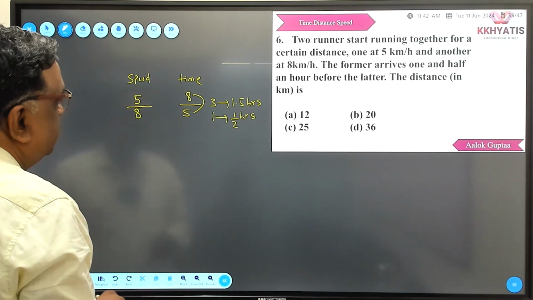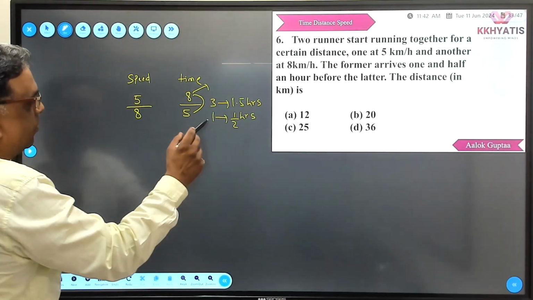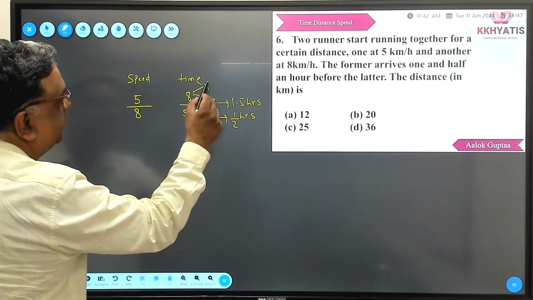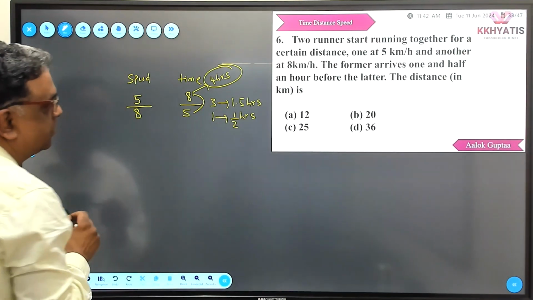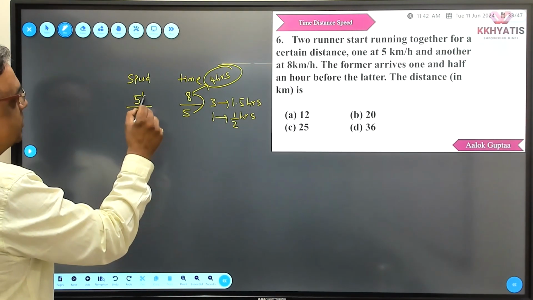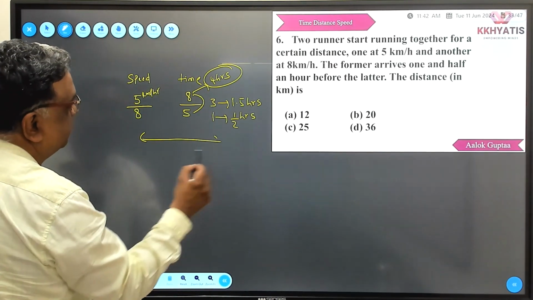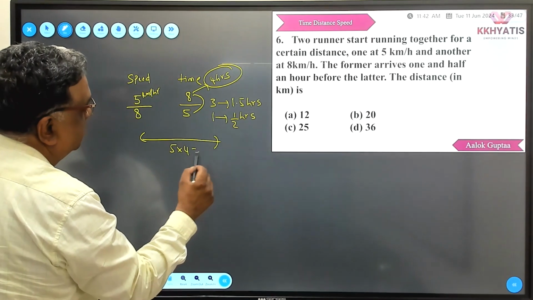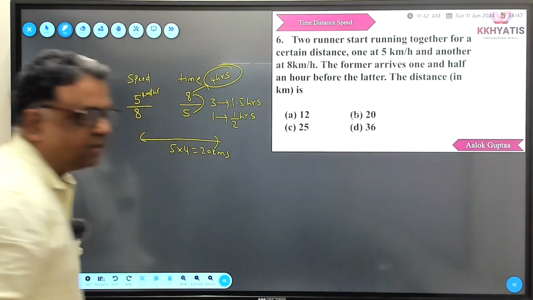So we have to find the distance in kilometers. So 8 will be how much? If 1 is half hours, 8 would be 4 hours. Yes or no? And इसका speed was 5 kilometers per hour. It took 4 hours, which means distance is going to be 5 into 4, 20 kilometers. 20 kilometers should be the answer. Okay.